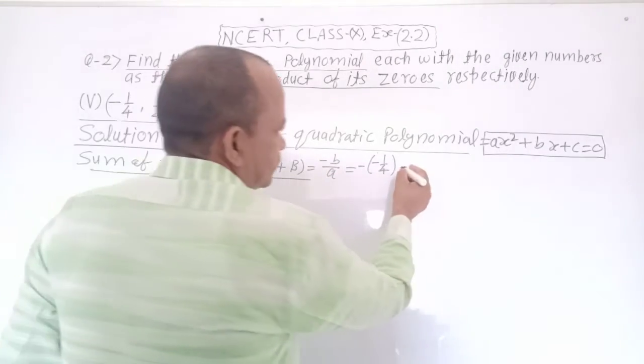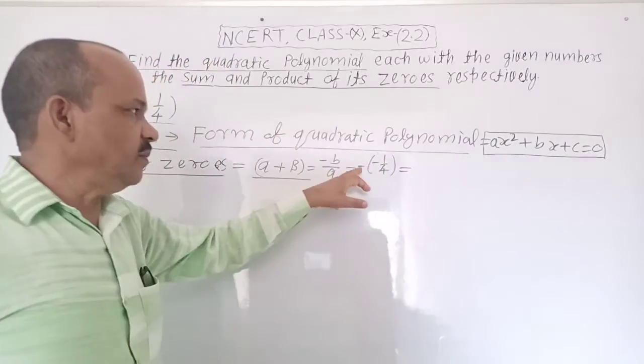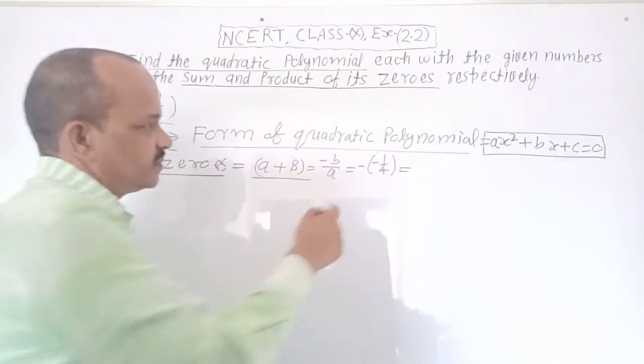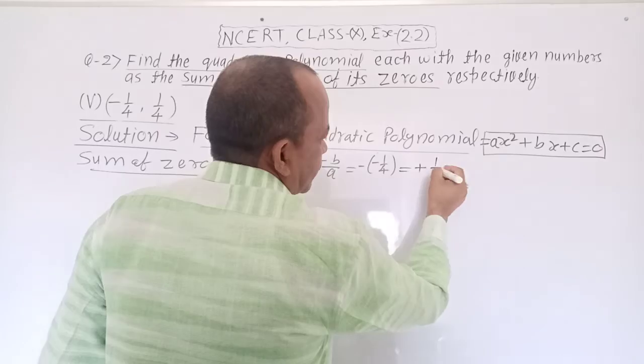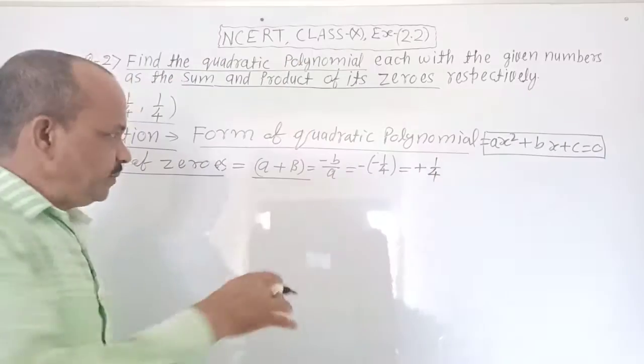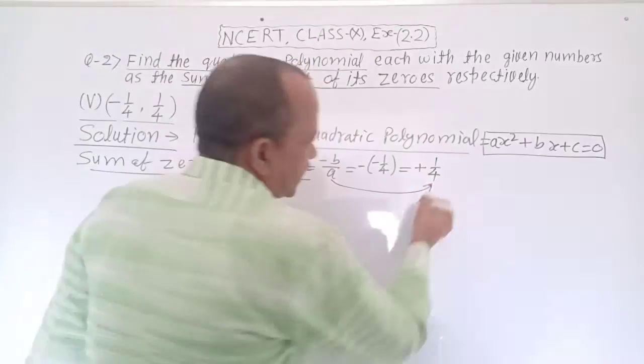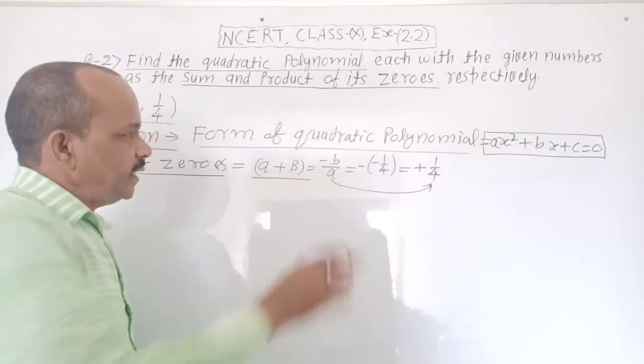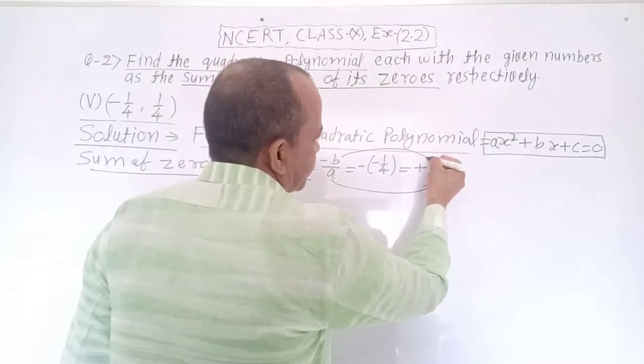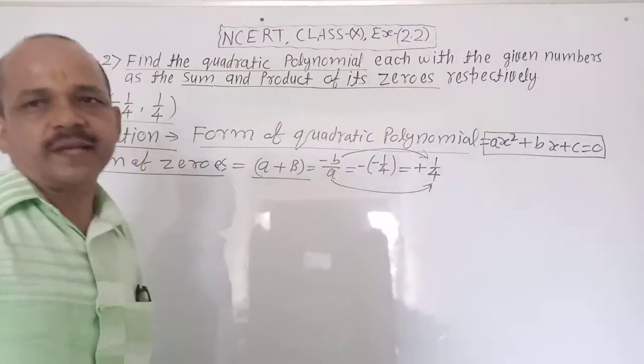Here minus and here minus become plus 1 by 4. It means the value of a is 4 and the value of minus b is 1.